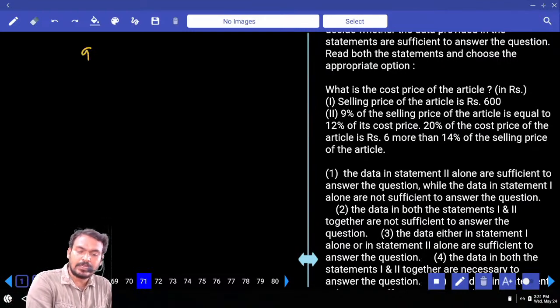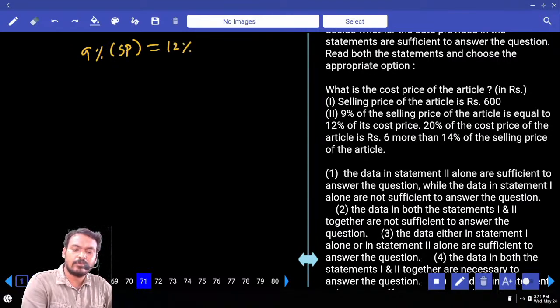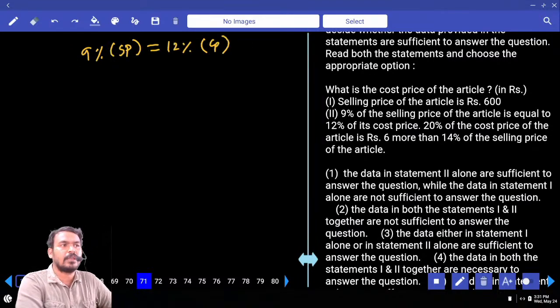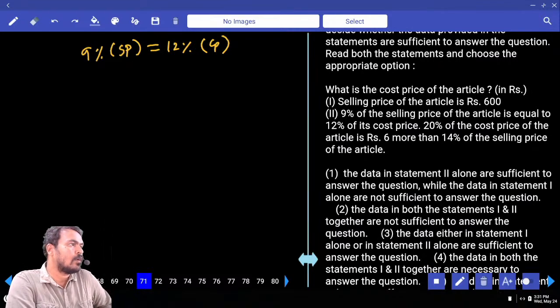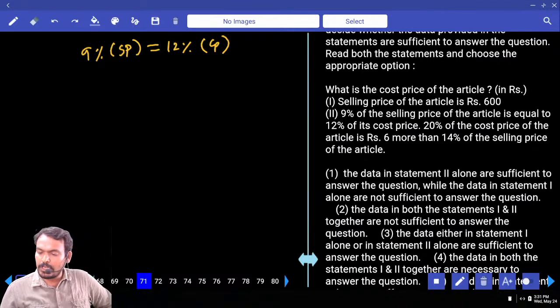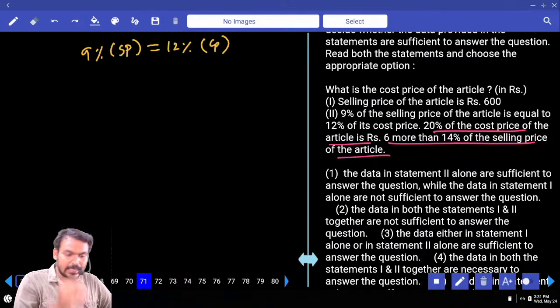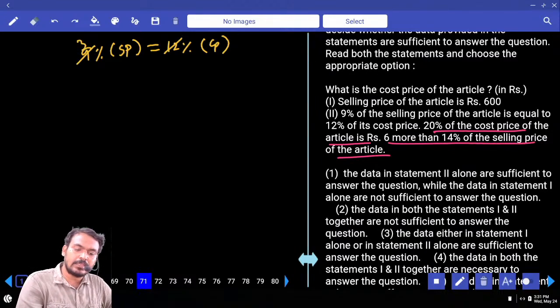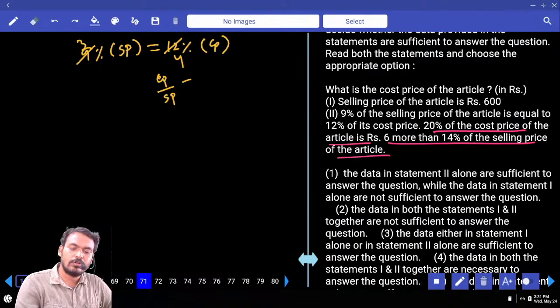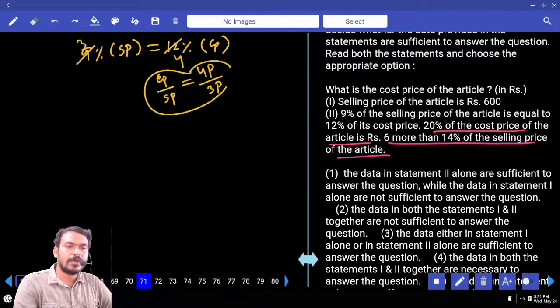First 9% of the selling price equal to which one? 12% of cost price. From this one we are get the ratio. Okay. Again second one, 20% of the cost price of the article is 6 more than the which one? 14% of the article. 3 3s are and here 3 4 means CP by SP equal to which ratio? 4:3 means one is 4 parts, another one 3 parts.